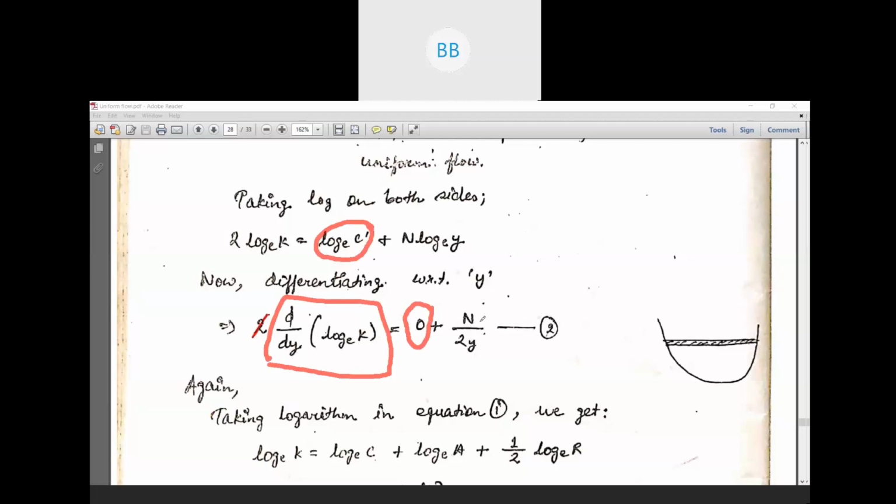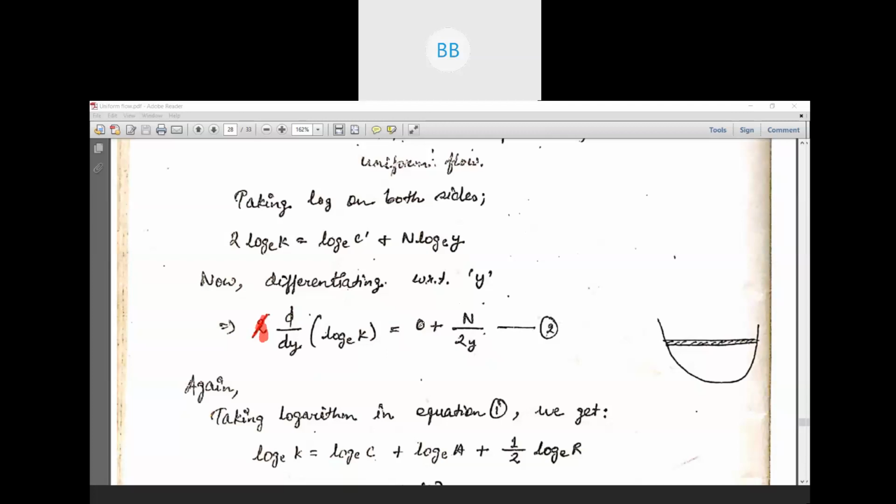Then N is a constant, so we differentiate log y, which gives 1 by y.